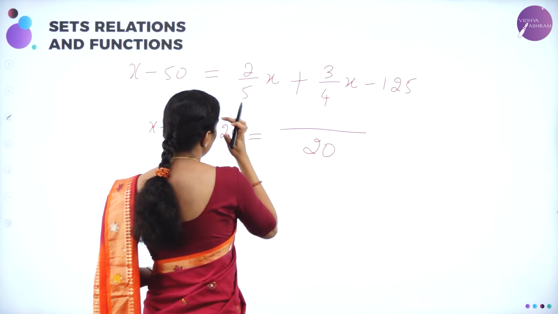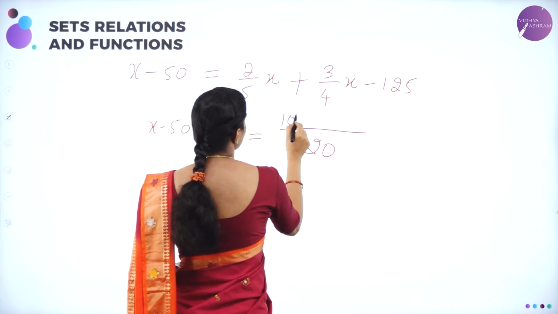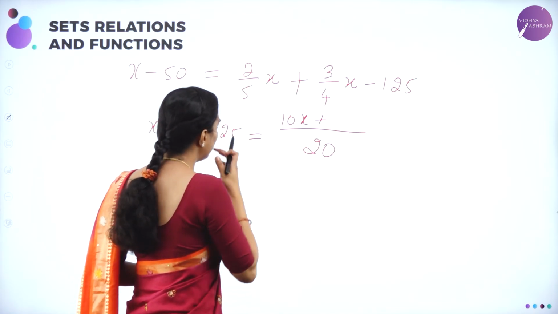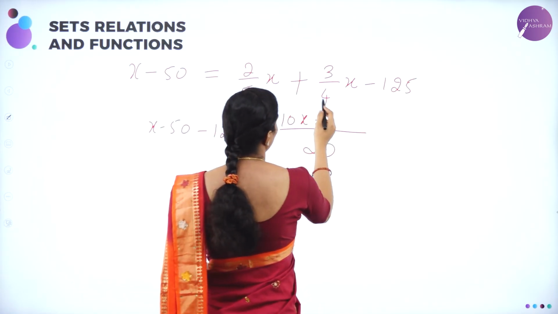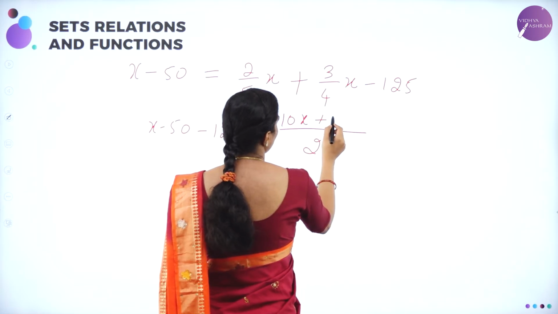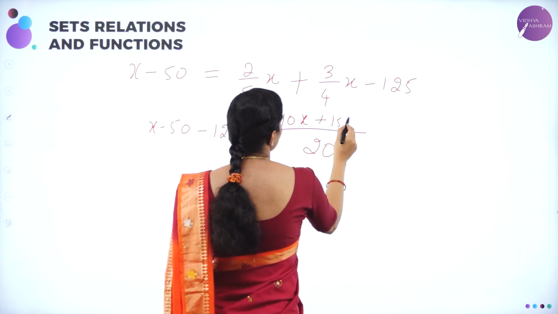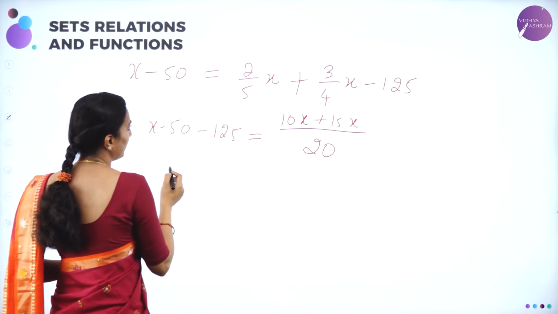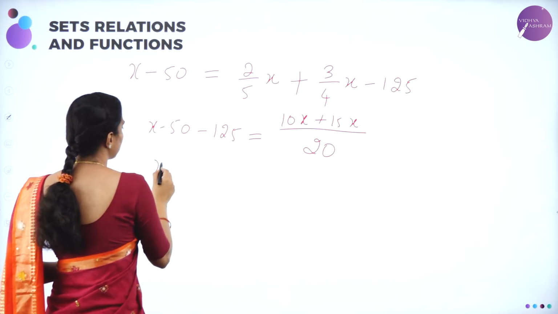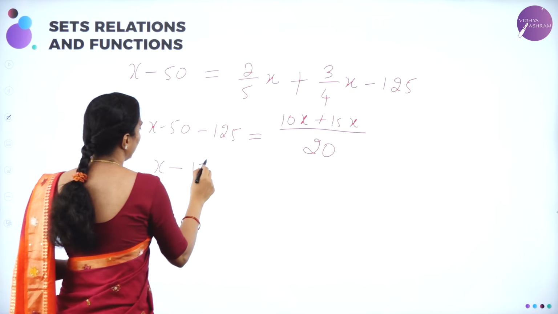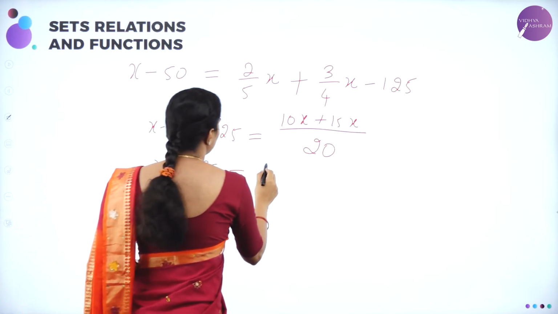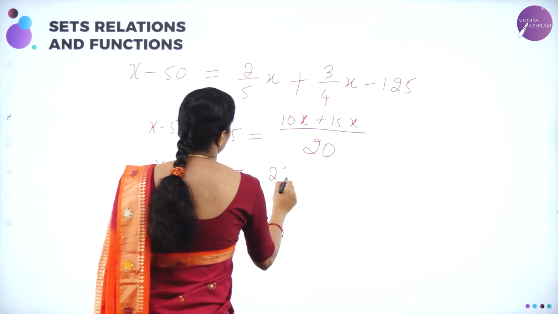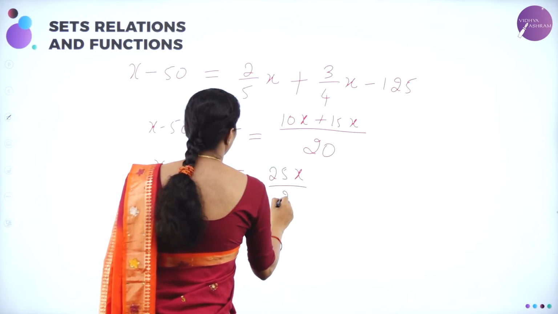So 2, how many times will it go? 2 5s are 10x, plus 4, how many times will it go? 3 5s are 15, 4 5s are 20. So 3 into 5 is nothing but 15x. Correct? You can cross multiply. You are going to have 20 into x minus 175 is equal to 10x plus 15x, which is nothing but 25x, divided by 20.